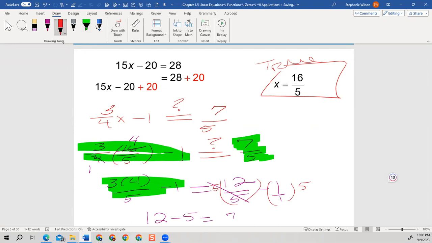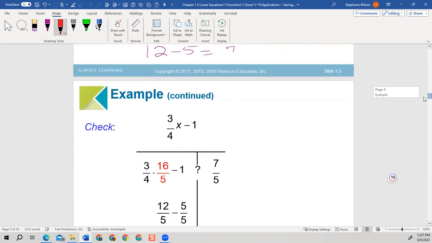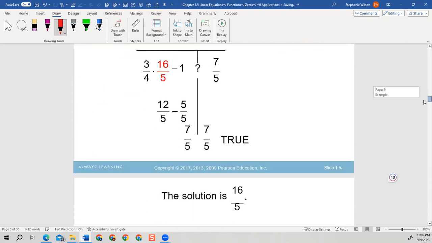Or I could have said, let's leave it in fraction form and multiply it by 5 over 5, and we would have had to do extra work. But remember, what we do to one side, we must do to the other. So we yielded 7 over here, but we have to multiply this 5 by 5, and it gives me 7. So check, this is a true solution. Remember, if I changed one side, I have to do the same to the other. So we did it. Yay.